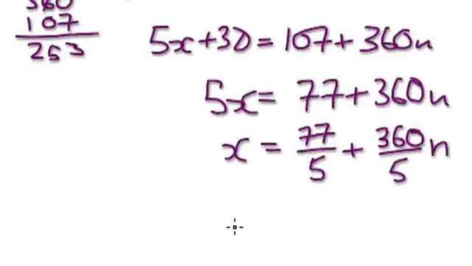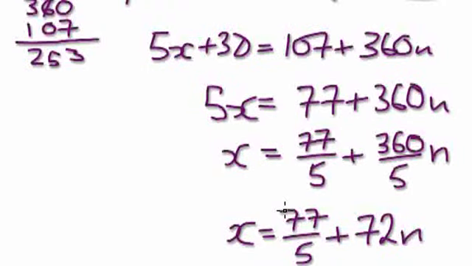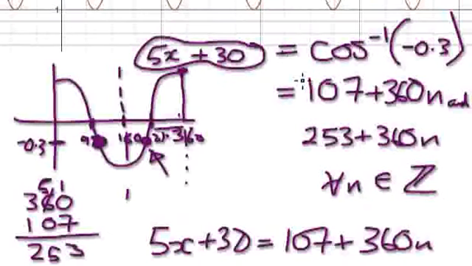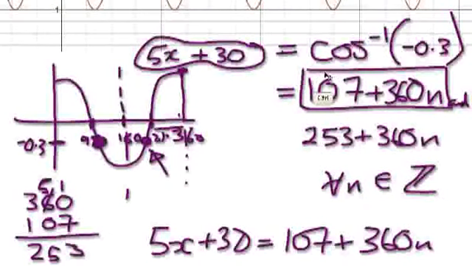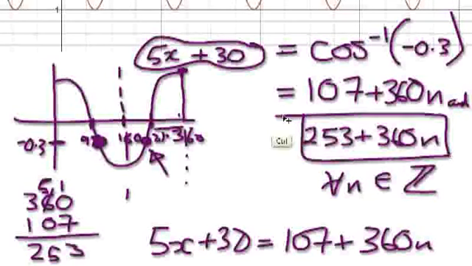So x equals 77 over 5 plus 72n. That's our first set done. Now we've got to take care of the second set.